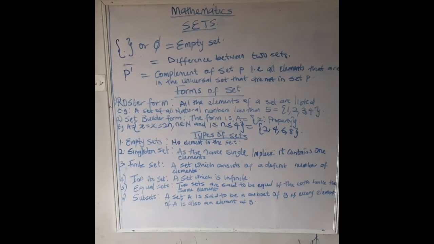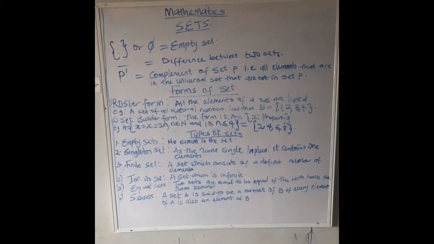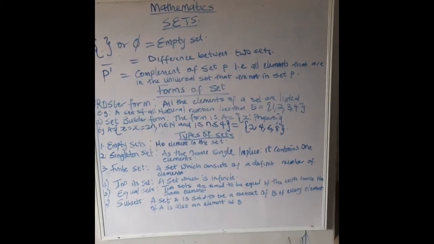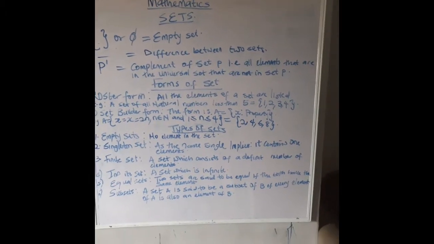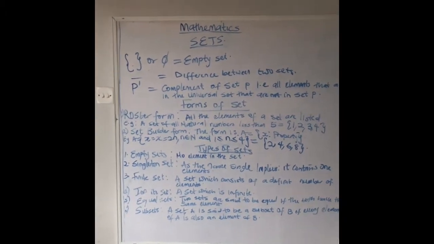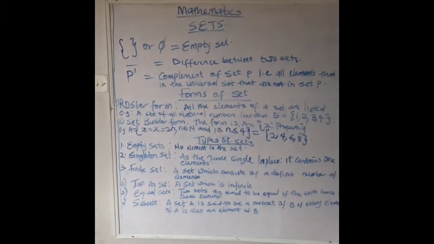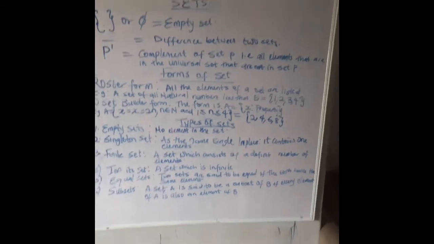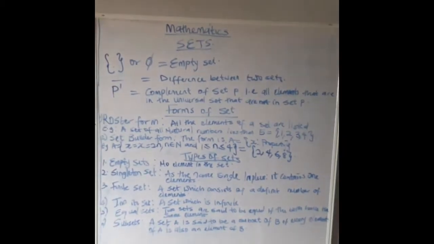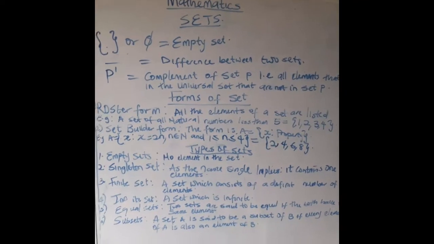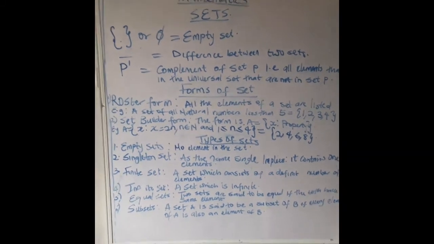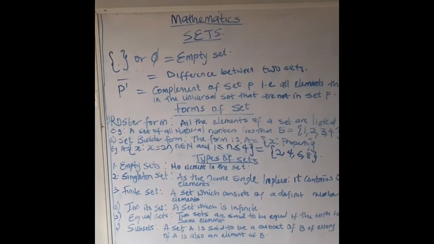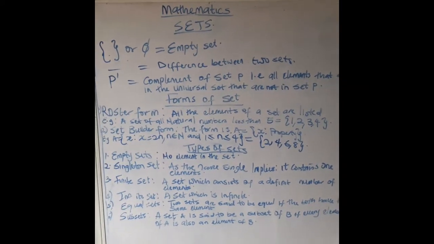Then there is the set-builder form. This one gives us a form that says x such that, where the two dots mean such that, and it gives us the property. Look at the example there. It says the set A equals x. So that's a mistake. Set A. So I made the necessary adjustment. It is the set A equals x such that x equals 2n.